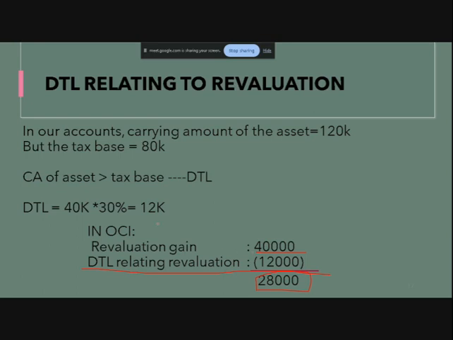If there's a revaluation gain and they are telling you in the question that there is some difference, always remember we have to pay tax for the temporary difference that arises due to revaluation. Never forget to take it to the OCI, which is basically the 12,000 amount here.